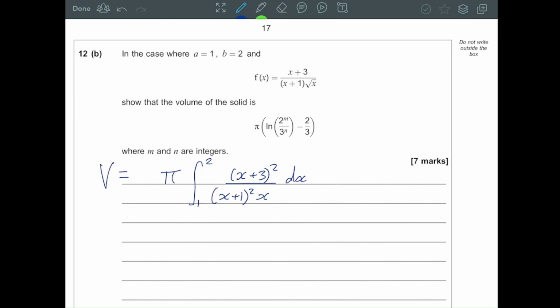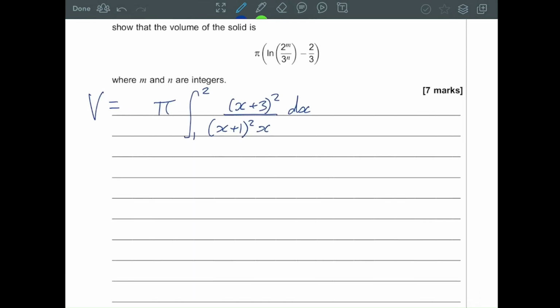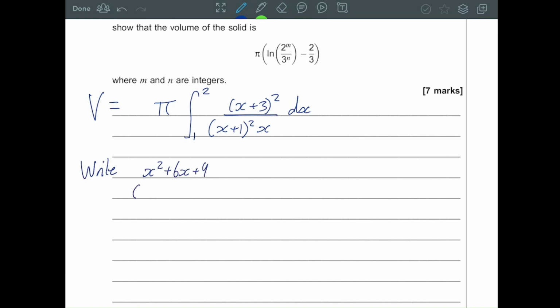Now I need to decide what my approach is. How am I going to tackle this type of integral? I'm looking for any tricks, but the only thing that I can see that looks relevant is going to be partial fractions. So I'm going to set up my partial fractions. I'm going to expand out the numerator because I know that's going to be helpful later on.